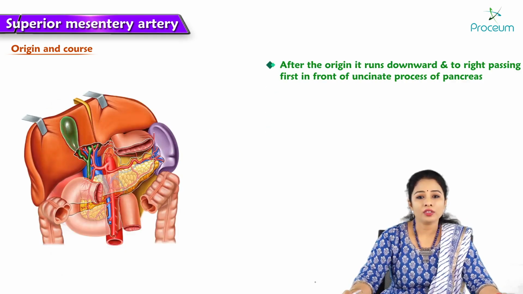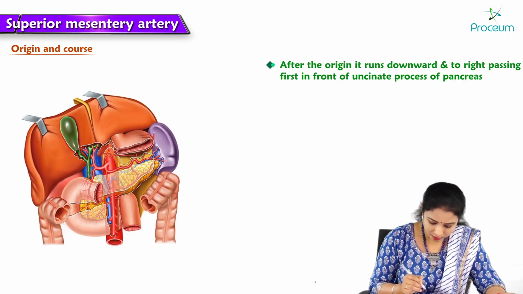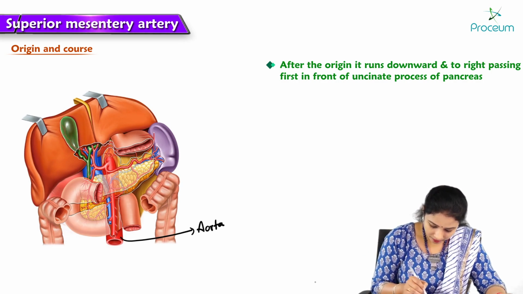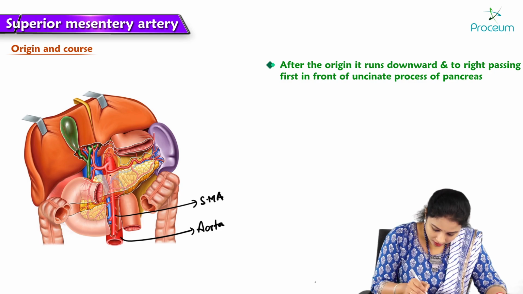So after the origin of the superior mesenteric artery, here we can identify it. So this is the abdominal aorta, and here is the superior mesenteric artery, which is getting its origin from here. Here is the celiac trunk.